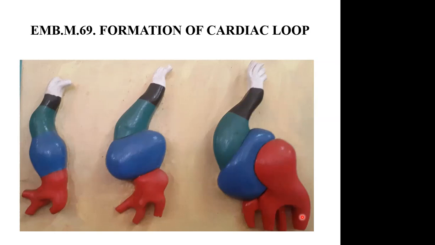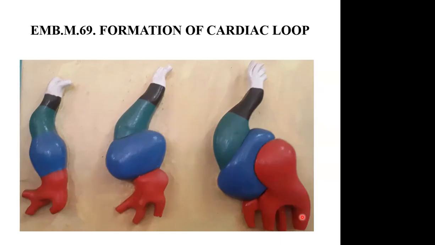Now what happens to the bulbus cordis? Sir, the conus part will fuse with the primitive ventricle. Yes, the conus part is absorbed into the ventricle. The conus gives rise to two things.